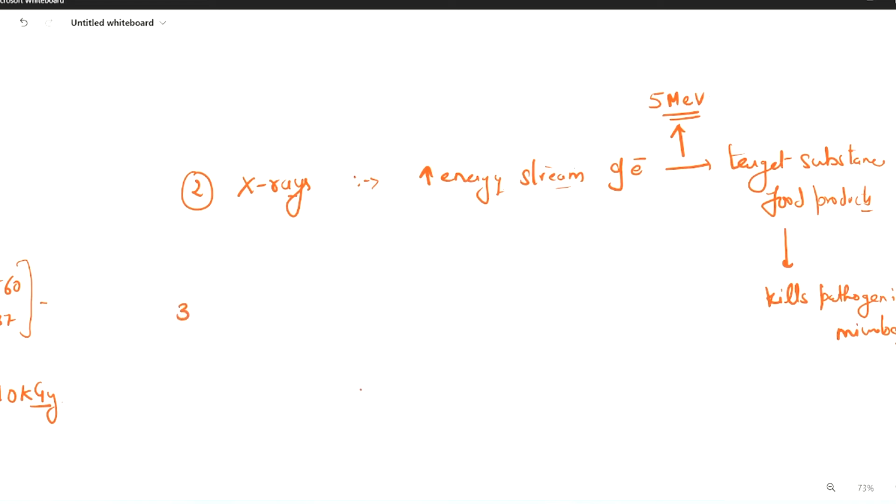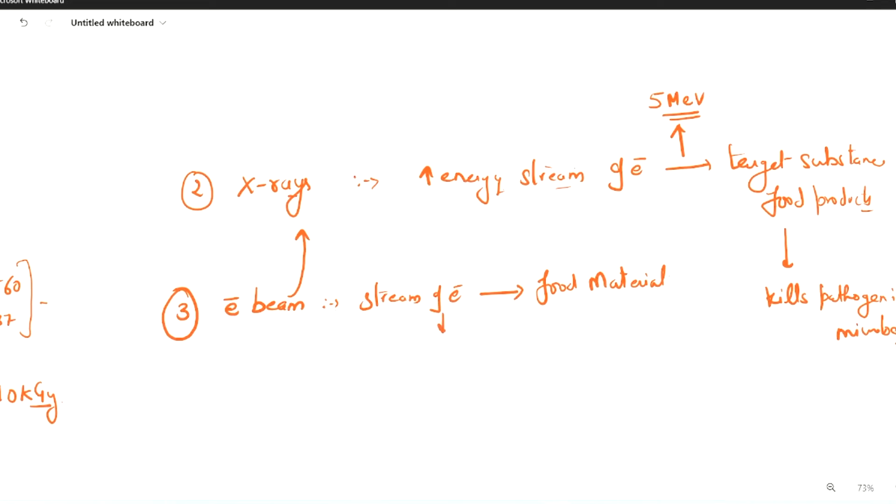Same way, there is another irradiation technique, and that is called electron beam. The electron beam is similar to X-rays, in which a stream of high energy electrons is targeted at the food material.